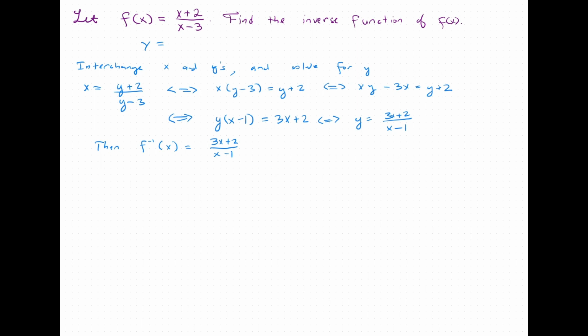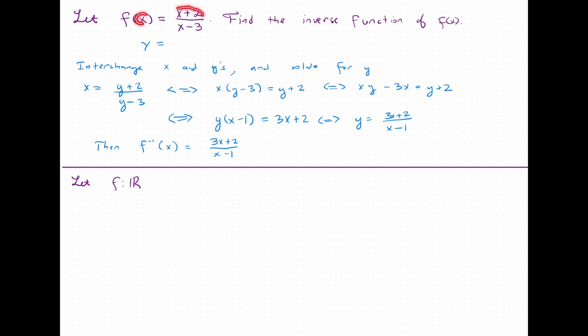Now I'm going to change to purple, and this will be the transition to the set theoretic notions. First off, if we want to define f as a function in this course, then we'll say let f go from the real numbers, but not quite just the real numbers, because we cannot plug in 3 here. Because if we plug in 3, we of course are dividing by 0. Can't have that. So we're going to remove 3. And then we're going to go over to the set of real numbers.